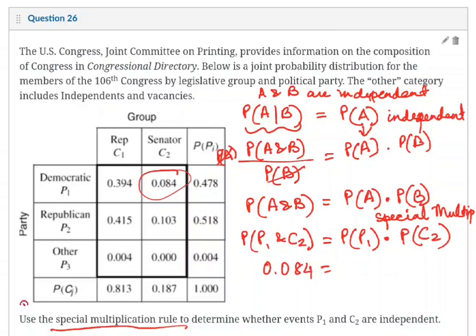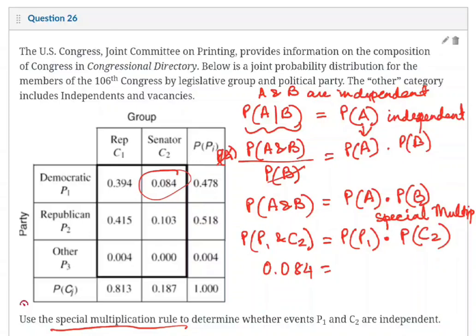Now I leave you to do the rest of it. I'm not going to give you the entire answer, but what you have to do is find probability of P1, multiply it by probability of C2, all right? These are not joint probabilities, these are marginal probabilities.